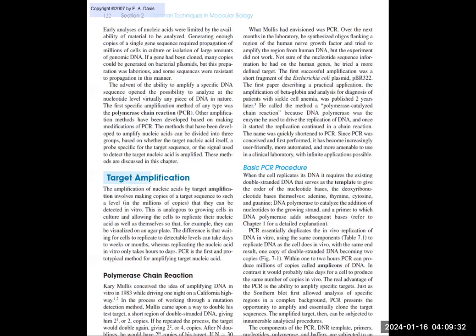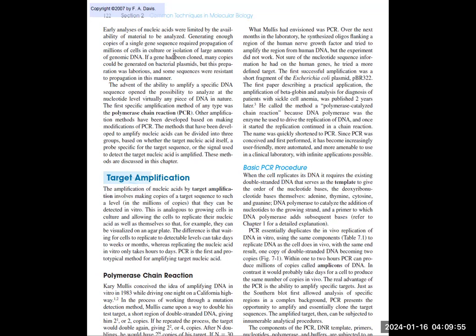Early nucleic acid analyses were constrained by limited material, and producing ample copies of gene sequences required labor-intensive methods like cell culture. In Bangkok, I'm doing a lot of cell cultures, guys. Or isolation of large genomic DNA amounts.